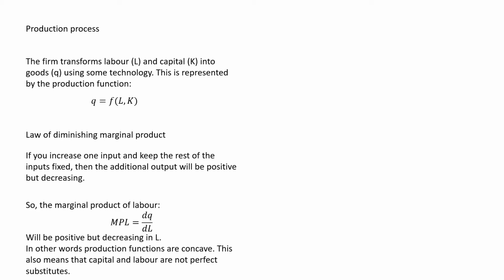So the marginal product of labor will be positive but decreasing in L. And this is something that we already saw when we discussed the utilities. That is, the law of diminishing marginal product is going to result in our assumption that the production function is concave. Or in other words, we know that capital and labor are not perfect substitutes.